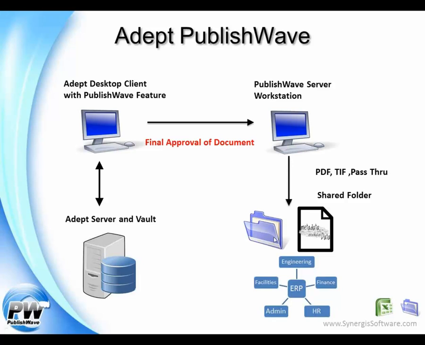Some of our customers have actually taken that a little bit further. A great example of that is one of our customers, Ken Losi at Matrix Services, who has used PublishWave to publish approved documents to SharePoint. Matrix Services provides complete engineering services to industries such as oil, gas, chemical, mining and minerals, power storage, and even industrial projects. At Matrix, PublishWave delivers documents and metadata to a shared folder, as you see here.